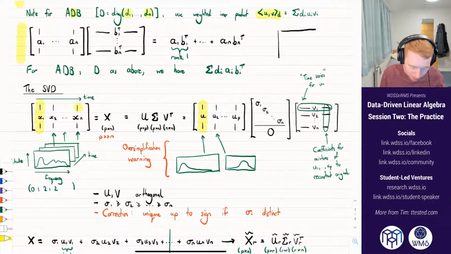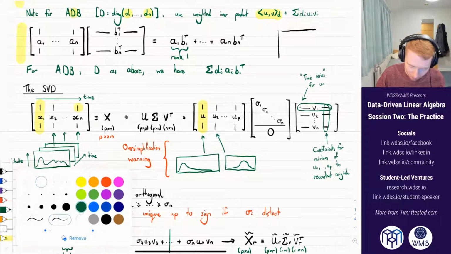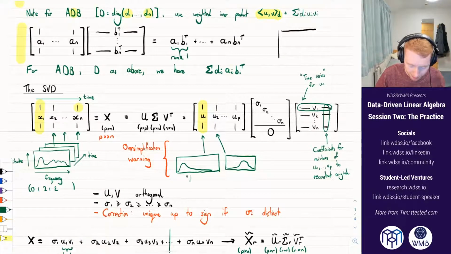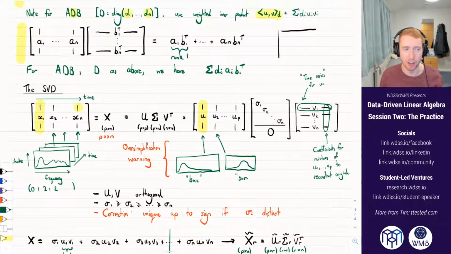One of these might be a bass drum frequency, this might be the snare frequency, and you might have frequencies for certain parts of bass guitar or electric guitar or whatever. And just a warning here, this is a massive oversimplification. It probably doesn't look like this, but conceptually you're free to think of it in that sort of way. So each of these is just some sort of component that makes up our whole thing.